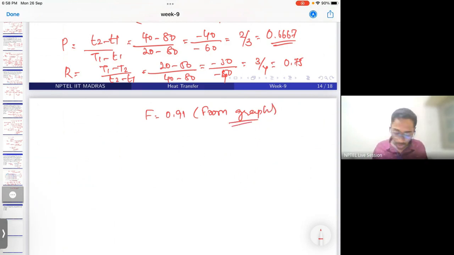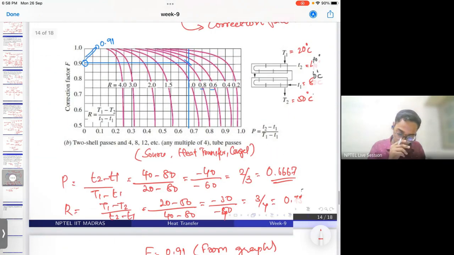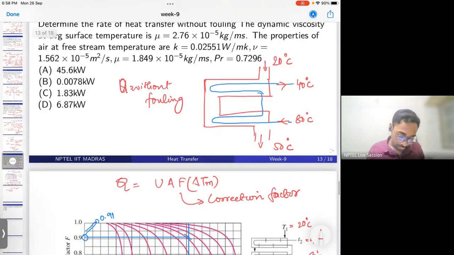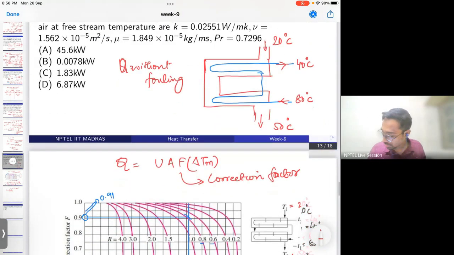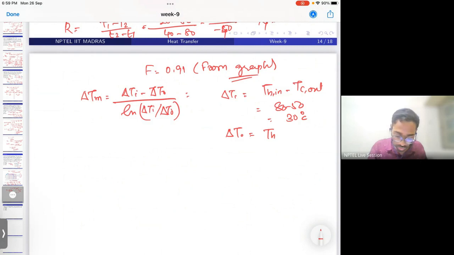From graph. Now we need to find out what is LMTD, that is delta Ti minus delta To divided by ln delta Ti by delta To. That is delta Ti is equal to Th in minus Tc out, which is equal to 80 minus 50, 30 degrees Celsius, and delta To equal to Th out minus Tc in, which is equal to 40 minus 20 is 20 degrees Celsius.